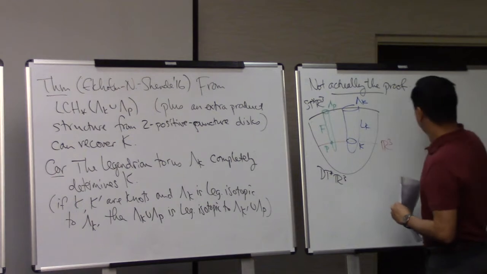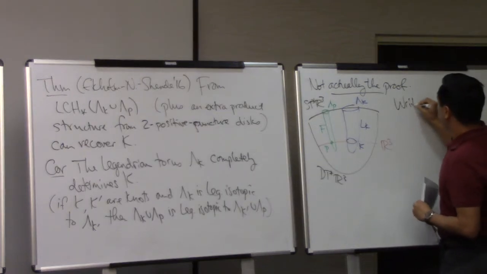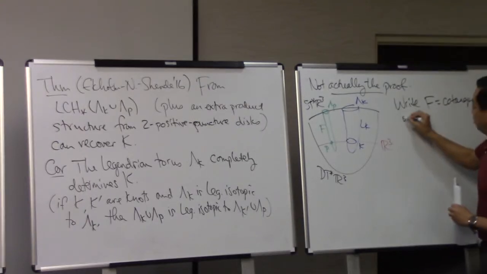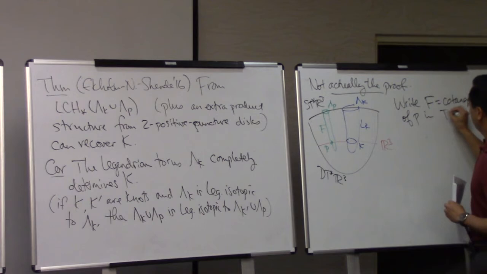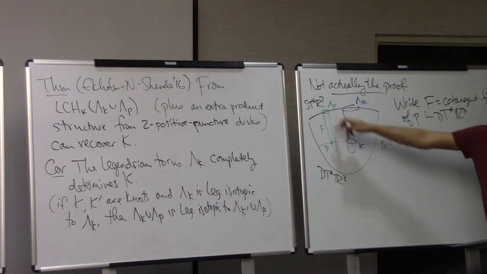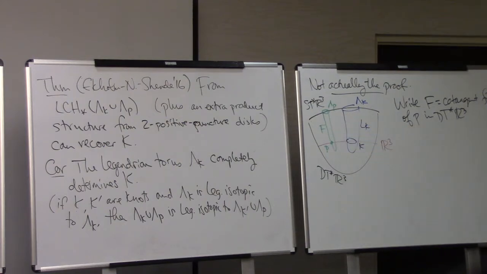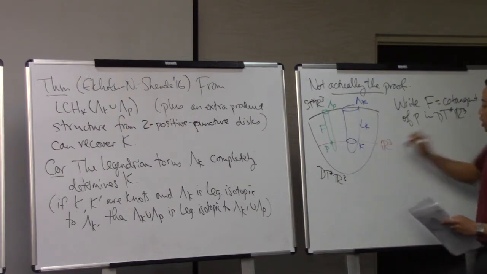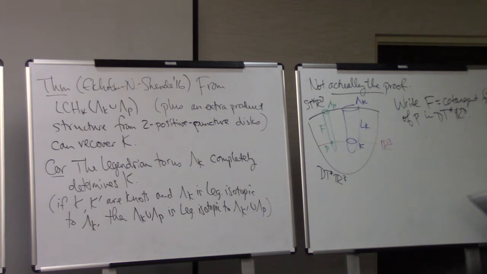So let's write F to be the cotangent fiber of P in the disk cotangent bundle of R3. So this is a Lagrangian, and so now what we have here is this picture. There are 3 Lagrangians in this picture. The 3 colored things are all Lagrangian.